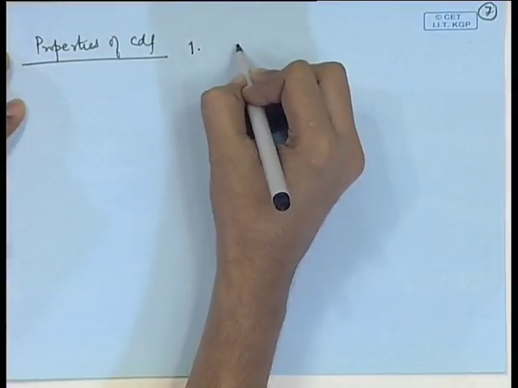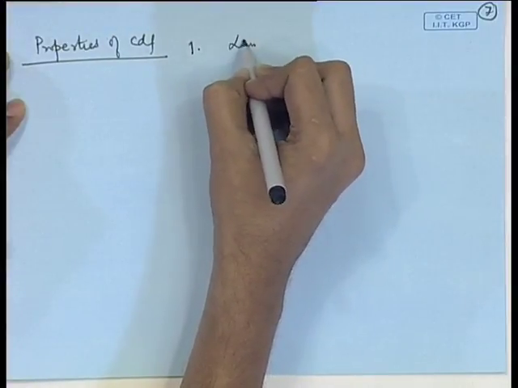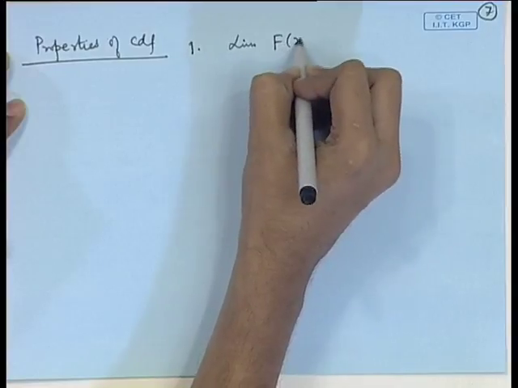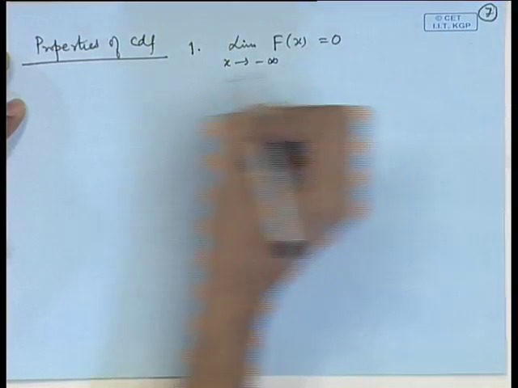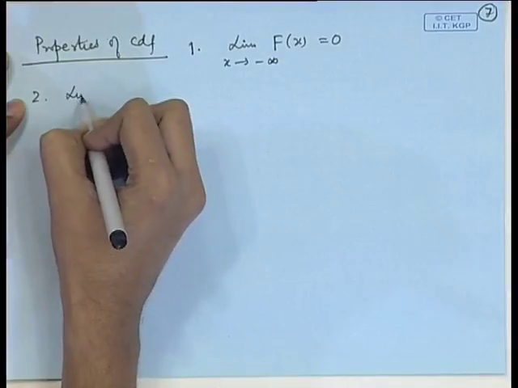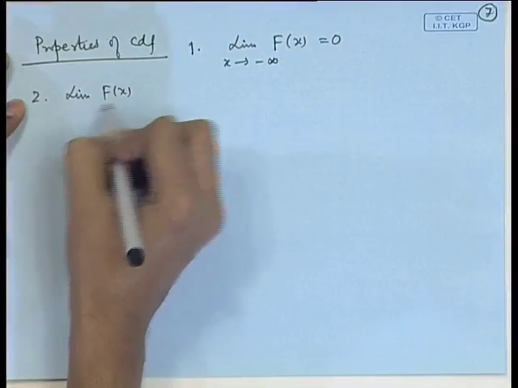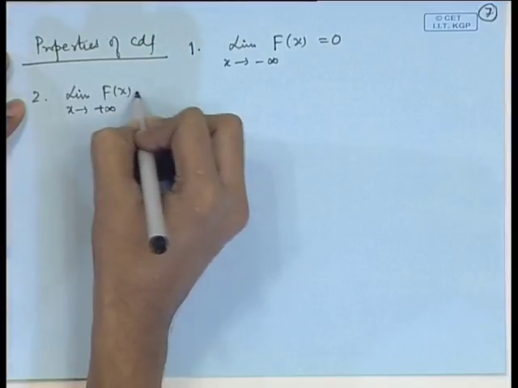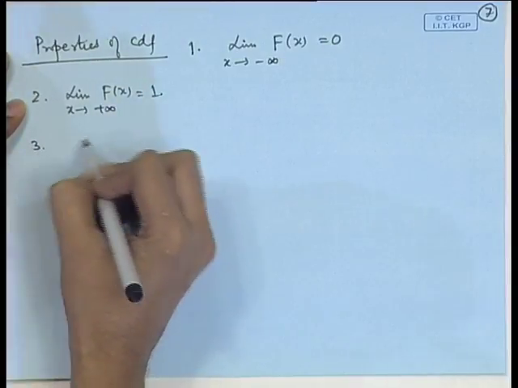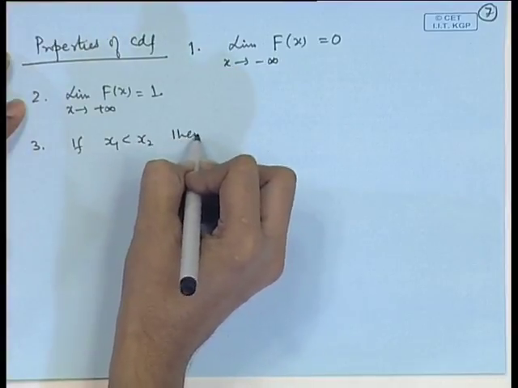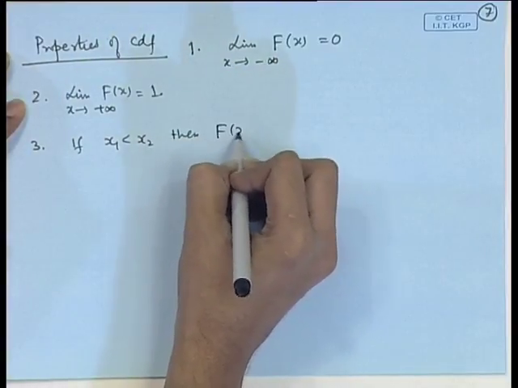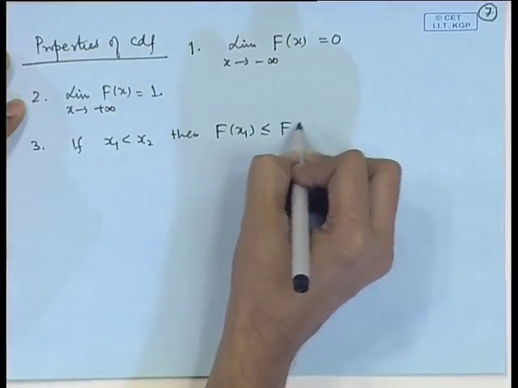The first property is that if I consider limit of F_X as x tends to minus infinity, that is 0. If we look at limit of F_X as x tends to plus infinity, it is equal to 1. If x_1 is less than x_2, then F(x_1) is less than or equal to F(x_2).